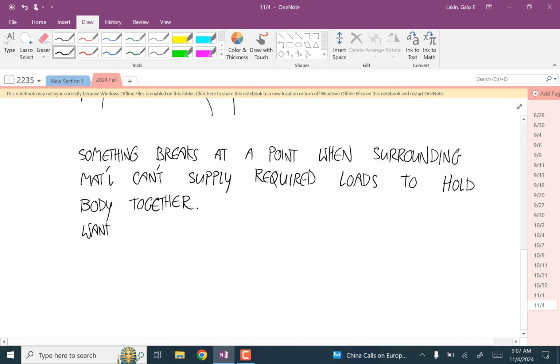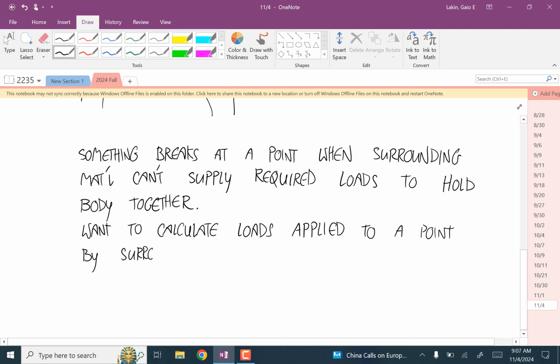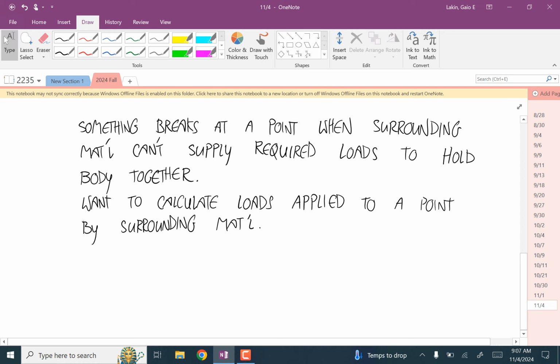So we want to calculate the loads applied to a point by the surrounding material. Okay, well, let's just start. I mean, really, you can think your way through how to do this for the most part.